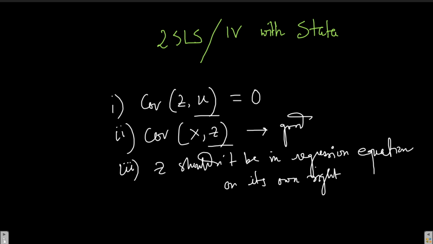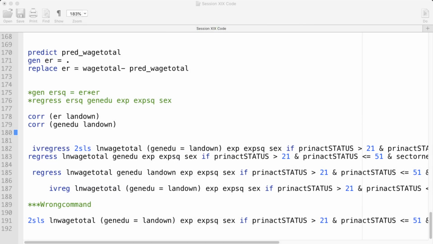Let's first open our do file. Basically, I will again run the wage regression equation, with log of wage total as the outcome variable, and then my explanatory variables: general education, experience, experience squared, and sex. And like Krueger and Angrist in their work, and later on also, we found education is not really an exogenous variable, but rather an endogenous variable.